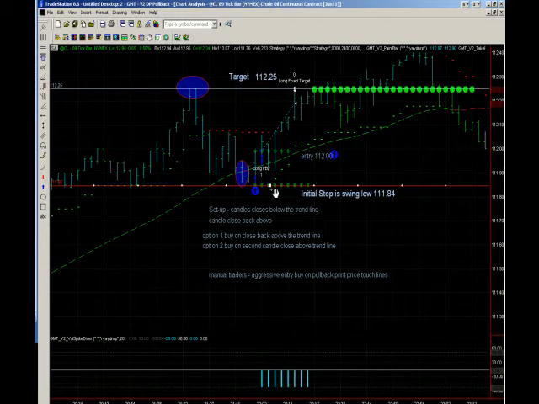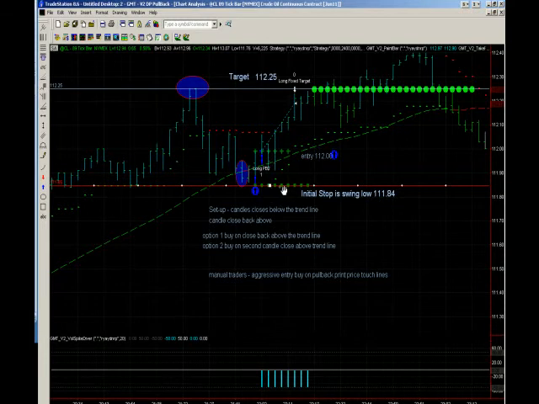That's an aggressive buy entry because you haven't got confirmation closing back above the trend line, but you'll get a much smaller risk on your trade. You might even get away with a 5-point stop, working it below the previous swing low, and that's a great way to capitalize on a fantastic reward to risk. It's a little more aggressive, but it definitely has lower risk, so that's something to consider if you're manually trading.